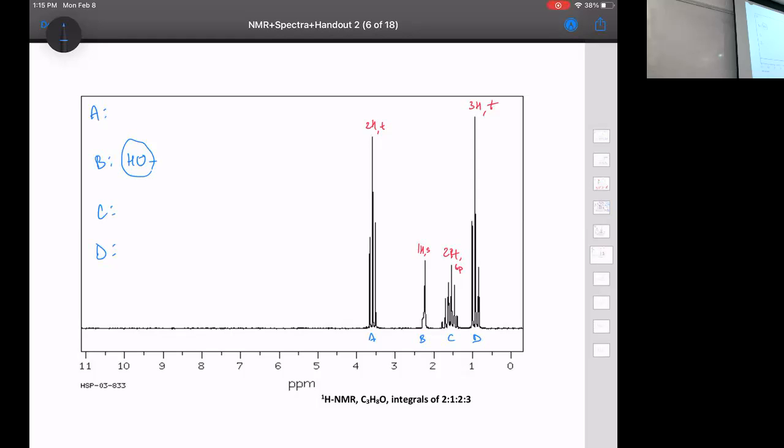He's an OH, not a CH. So environment A is between 3 and 4. So in this case, we know there's an O, we know there's not a P, we know there's not a hydrogen C. And then it's also a triplet.